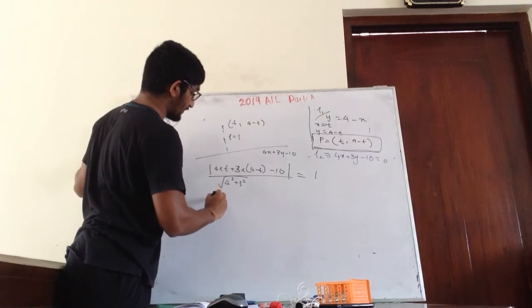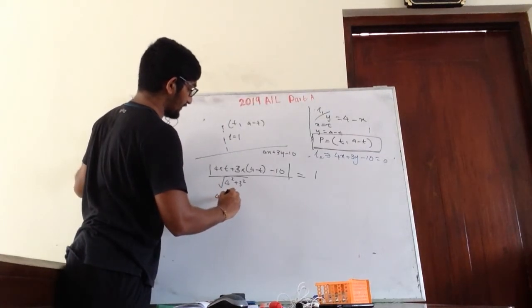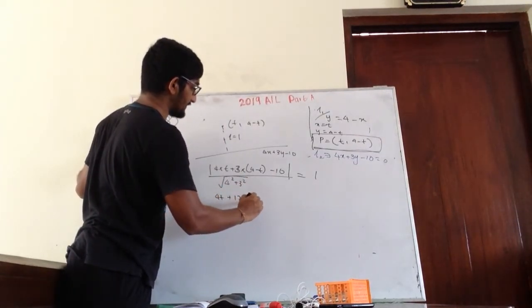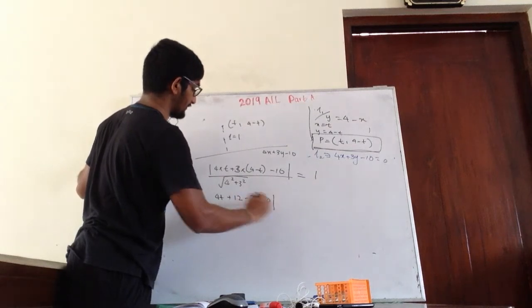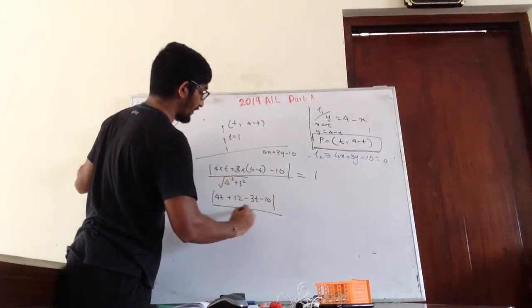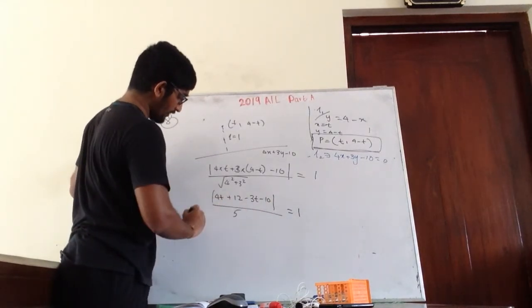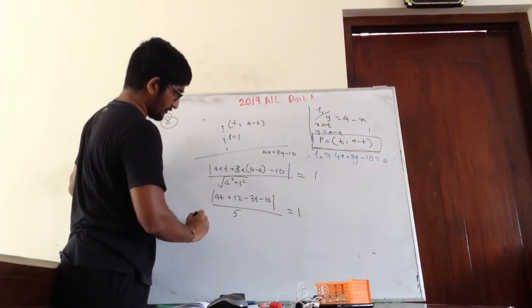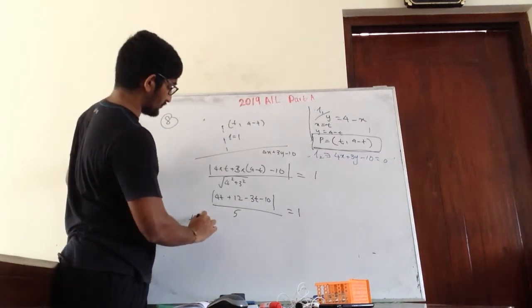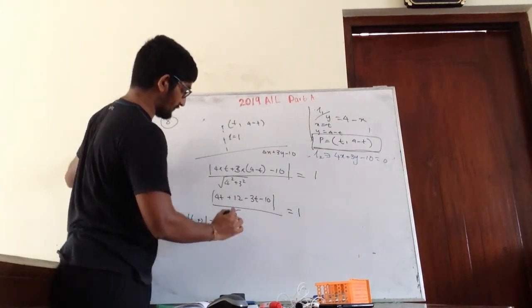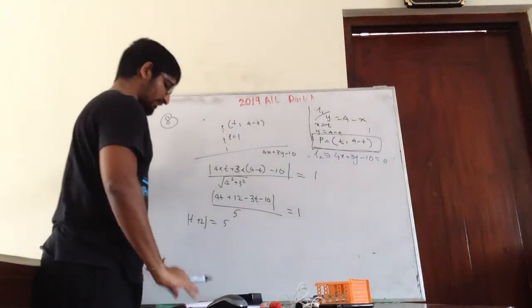Right, so I'll get 4t plus 12 minus 3t minus 10, over 5, equals 1. Right, so then I'll get modulus of t plus 2 is equal to 5. Right, so this is what I'll get.